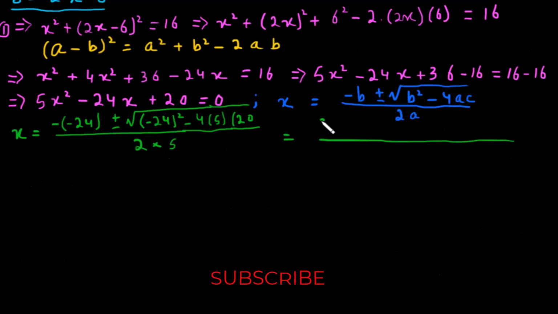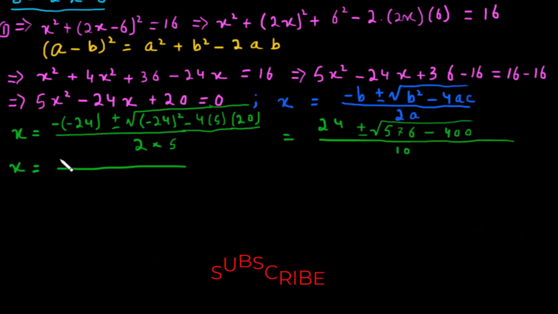Here we have 24 plus minus 24 squared is equal to 576 minus 4 times 5 is 20, 20 times 20 is 400, divided by 10. So x is equal to 24 plus minus, and when 400 is subtracted from 576, we will get 176, divided by 10.